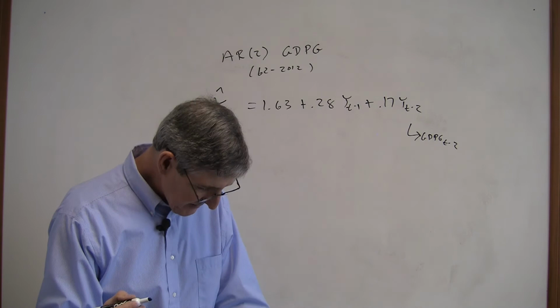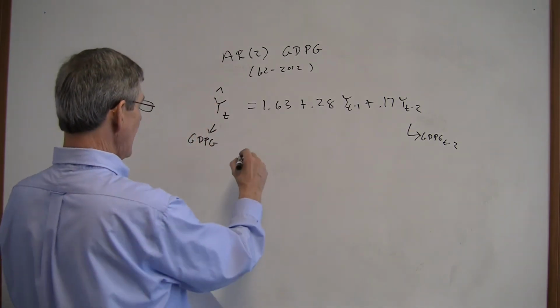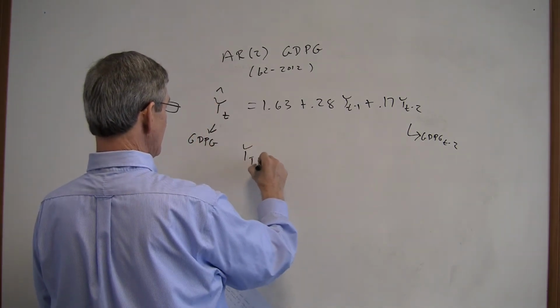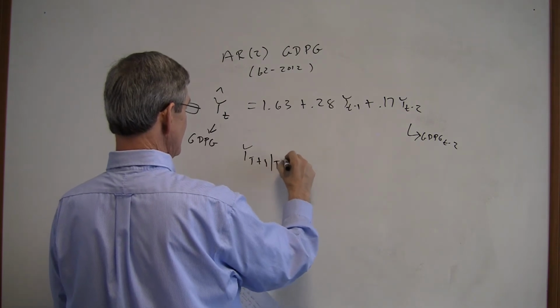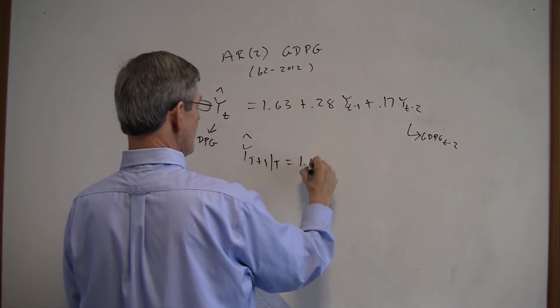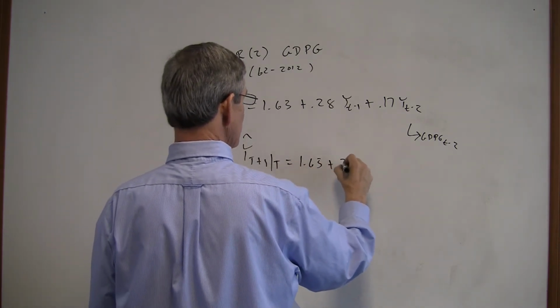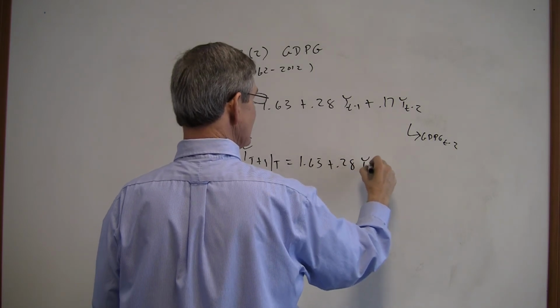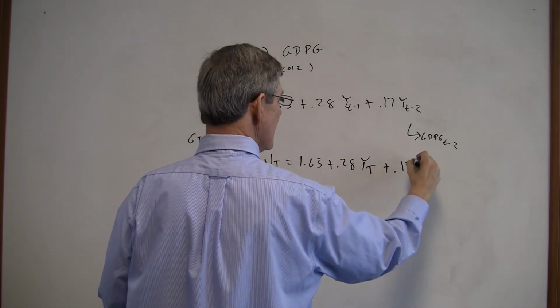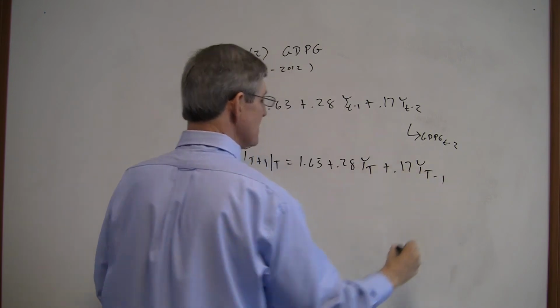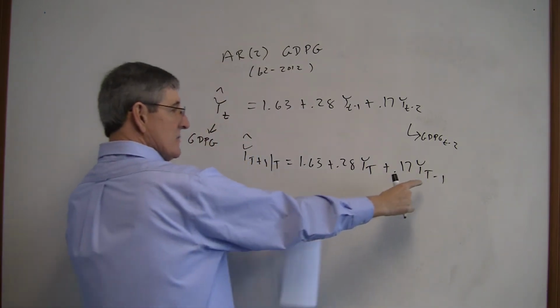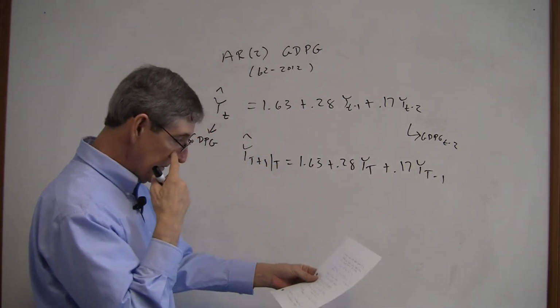And you can use this model to forecast. I could find yt plus 1 given t hat to be 1.63 plus 0.28 times yt plus 0.17 yt minus 1. So you could forecast, just plug in the actual values here.